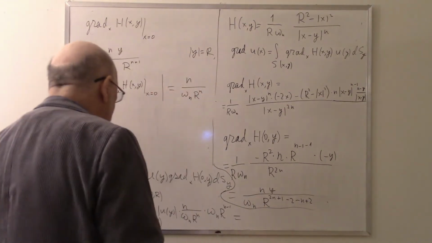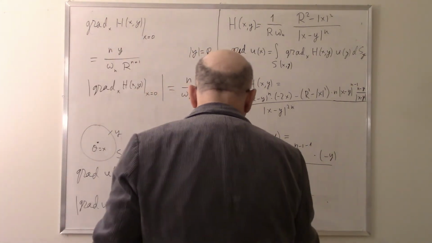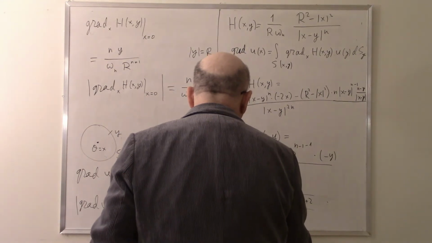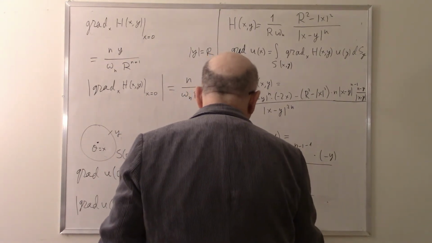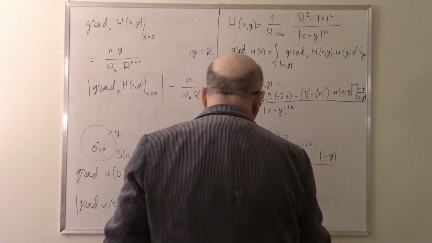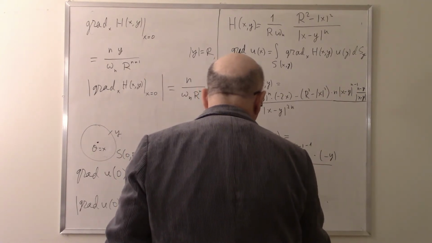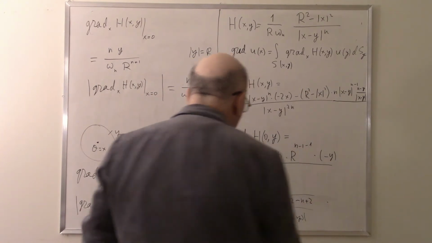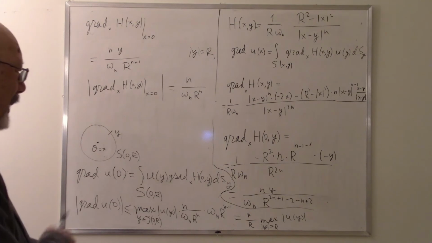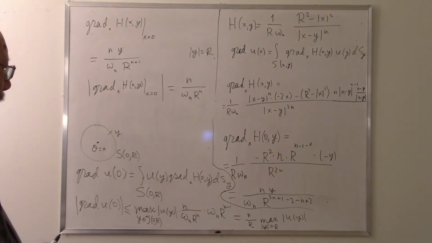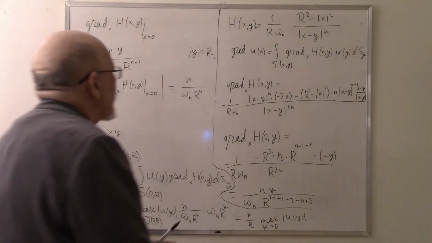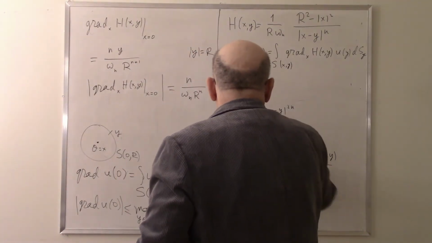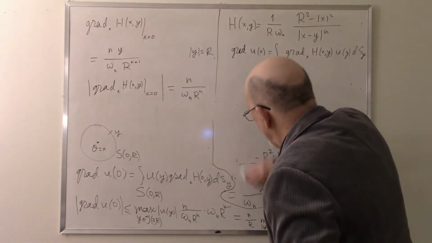This is equal to n divided by r times the maximum of module u(y), where module y equals r. An interesting and simple formula. Once again, let me repeat it here because it is important.